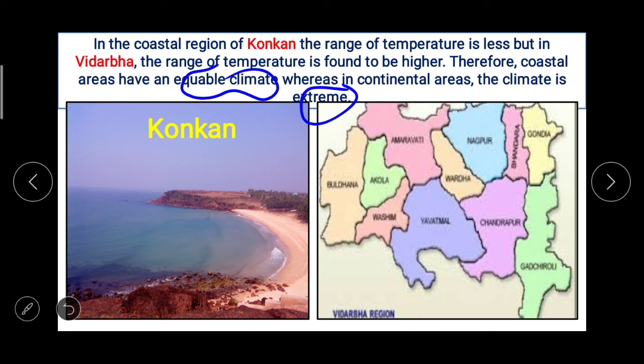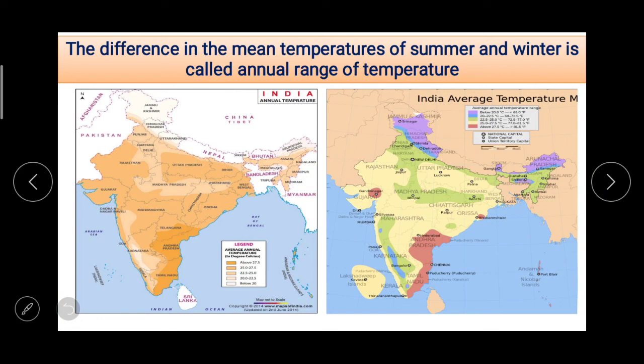Again, for example, the climate of Mumbai is equable, whereas in continental locations like Nagpur, it is extreme. And the difference in the mean temperatures of summer and winter is called the annual range of temperature.